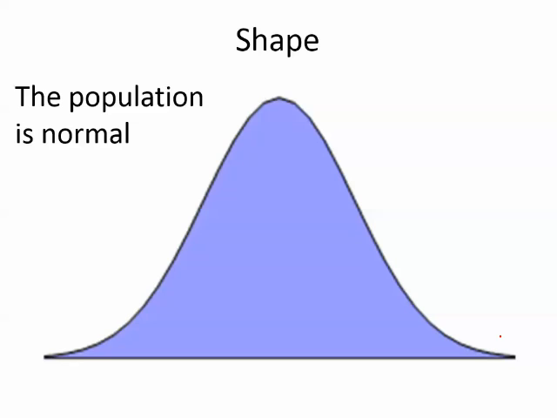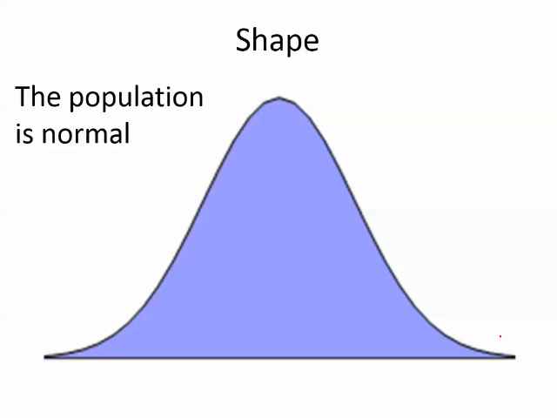If the population that it comes from is normal, it will be normal. So if we're looking at something like height, which is normally distributed in the population, if we took a sample of 5, and we took all the possible samples of 5 in the population, we would have a normal distribution.